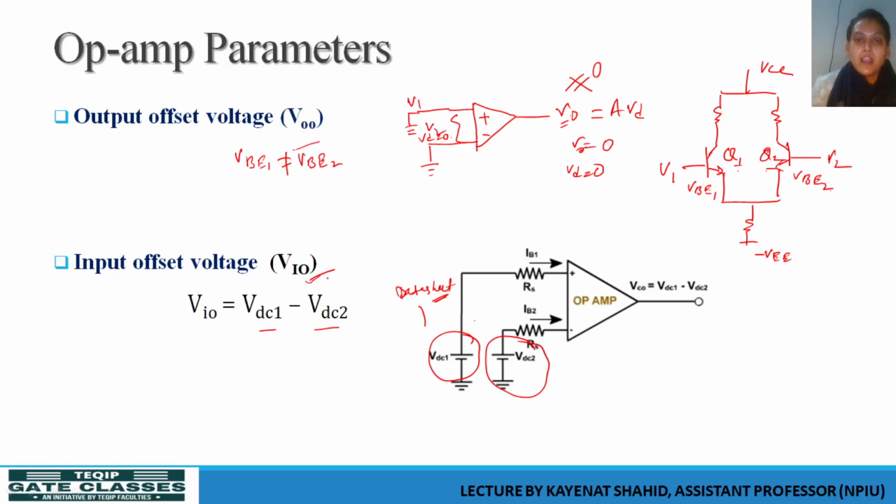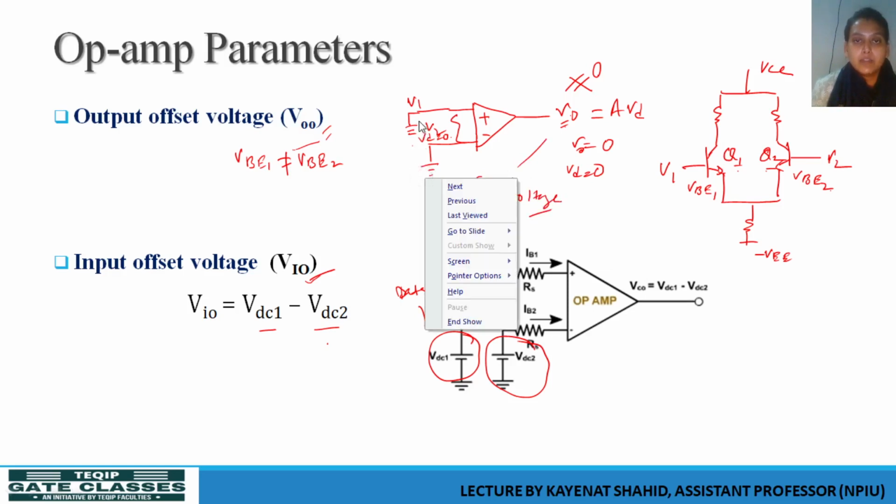This input offset voltage is applied to make the output offset voltage 0. I hope you got my point. What I am saying is that due to the mismatch of the transistors, we get an output of certain small voltage, in spite of the input voltage being grounded.